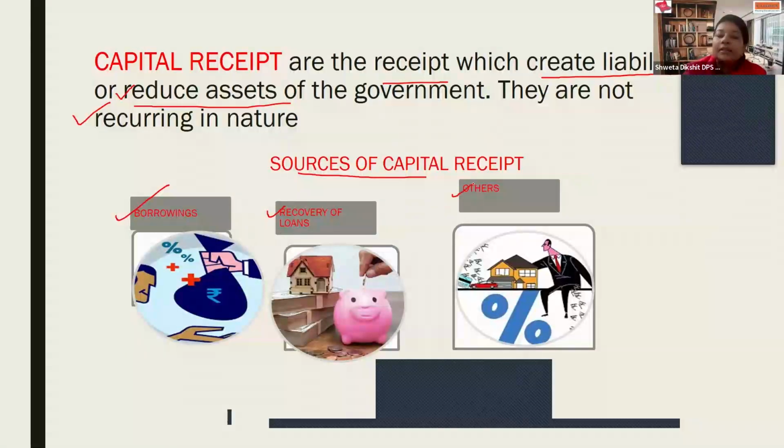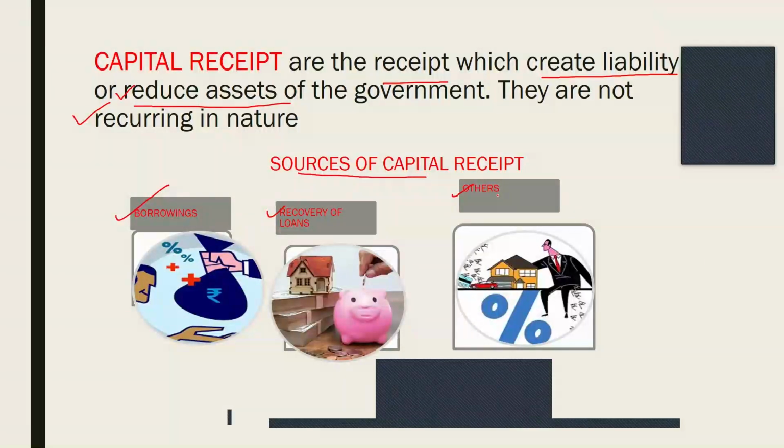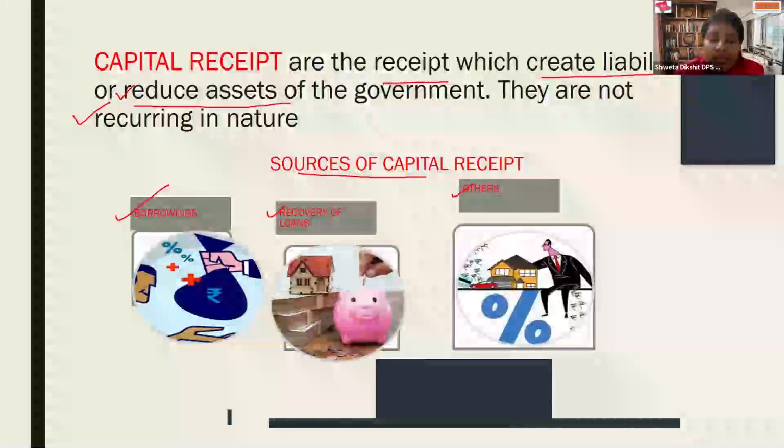Then comes the others. Others comprises disinvestment. Disinvestment nowadays is very common. I told you that day when I was teaching the ID chapter, the disinvestment topic, I talked to you about LIC's disinvestment, and other than that, the disinvestments made in many of the PSUs.